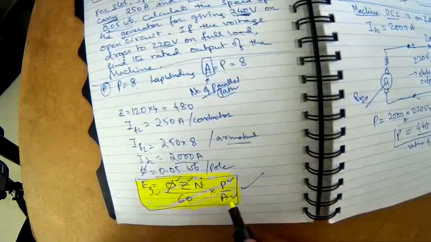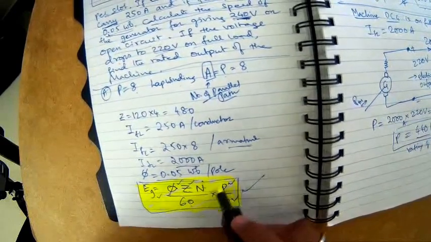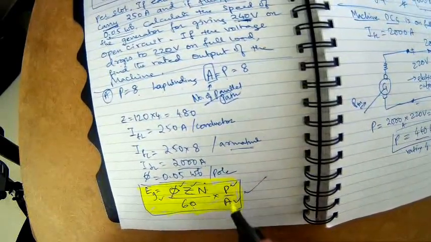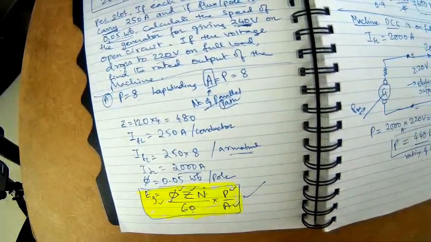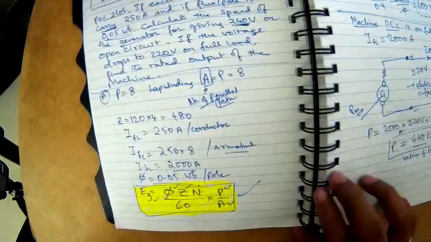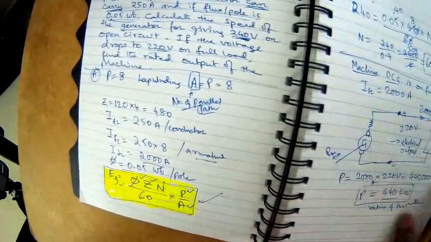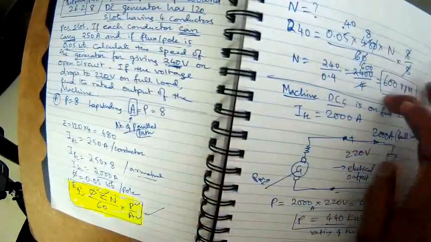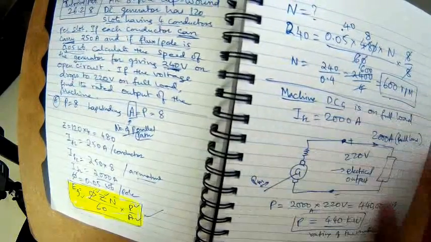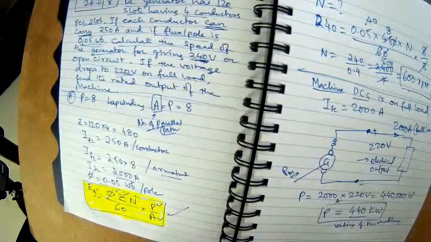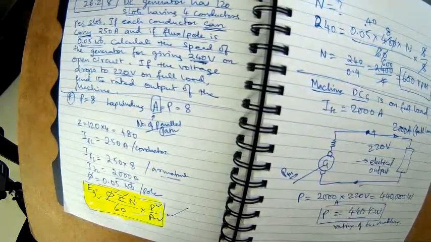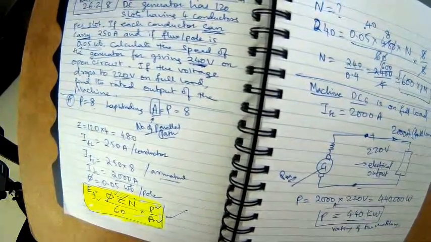And less EMF will be generated when there are more parallel paths, obviously, because by connecting things in parallel, you are reducing the voltage, but increasing the current carrying capacity. So with this, we calculated the speed, and then from that speed and from the full load ratings, we calculated the rating of the machine. I think this answers the question. So we'll see some more problems in different videos.